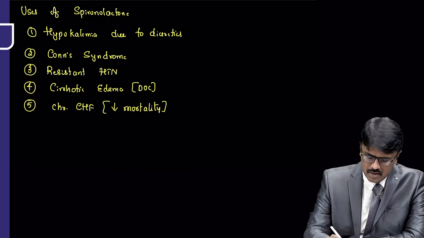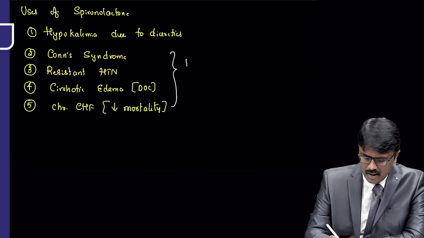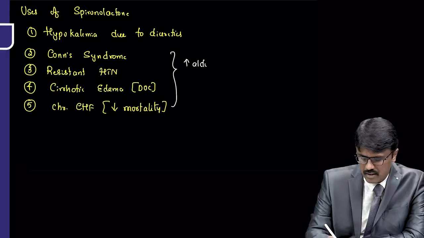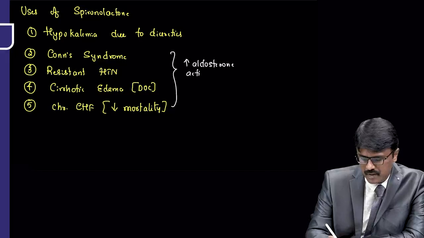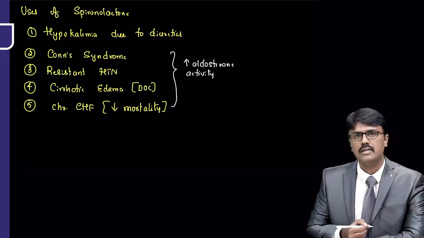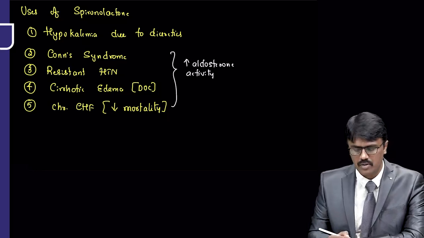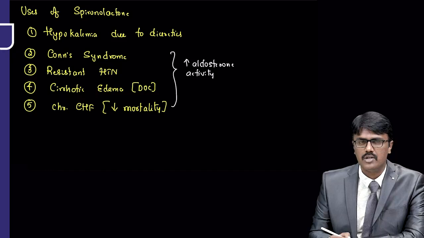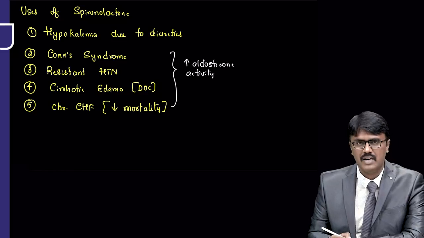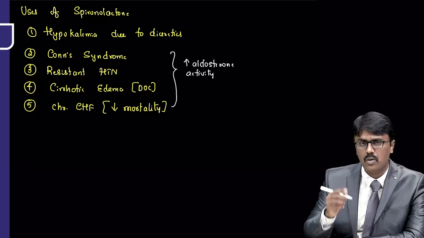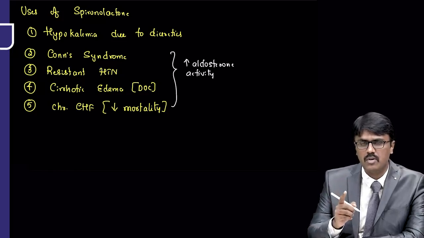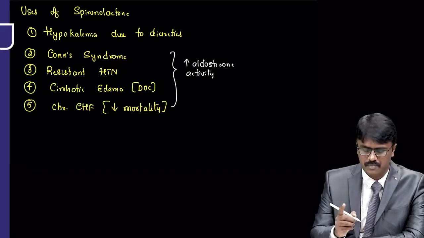Now, in all these conditions, what I mentioned, the aldosterone activity is high. And how do I decrease it? By using spironolactone. So spironolactone will block the aldosterone and it will prevent the effect of aldosterone. So Conn's syndrome, resistant hypertension, cirrhotic edema is the drug of choice. Chronic CHF, remember the only diuretic which decreases mortality in CHF is spironolactone, that is aldosterone receptor antagonist.